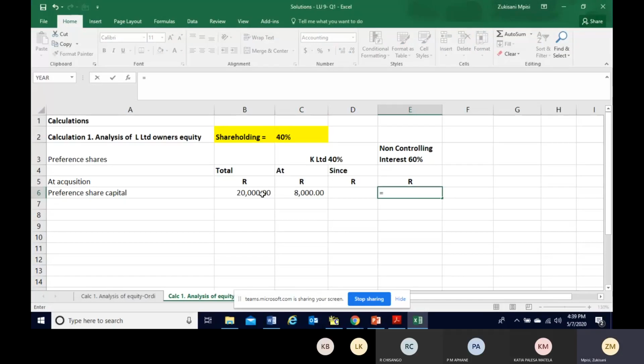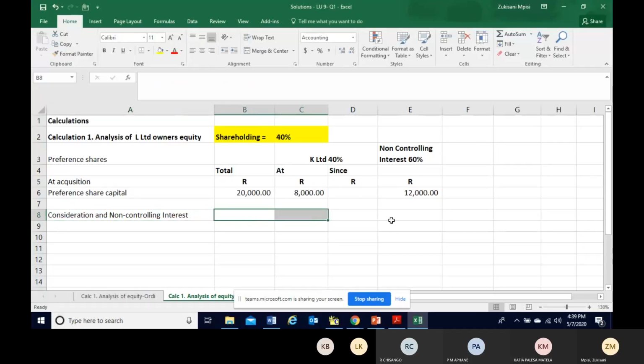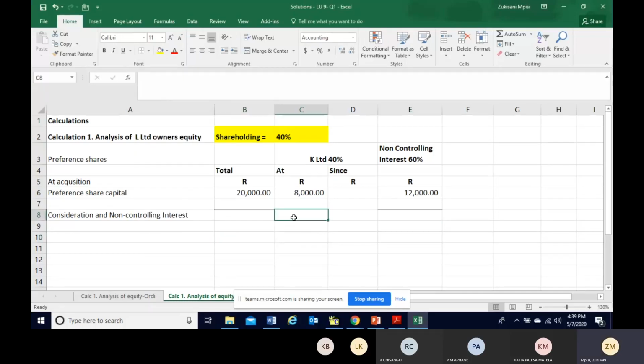So you'll note that the non-controlling interest now has got a bigger interest. So we've got here consideration and non-controlling interest. Non-controlling interest will remain to be your 12,000.